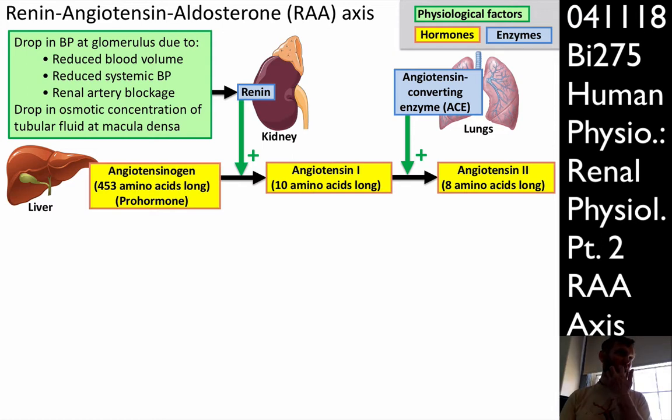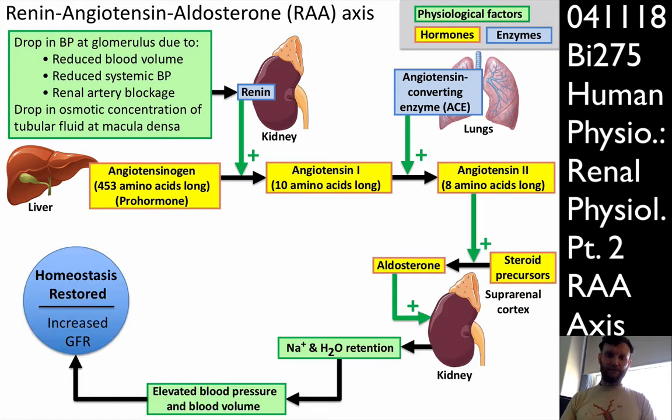We've got angiotensin 2 finally. So let's take a first look at the rest of the RAA axis. All right, we have renin, we have angiotensin. How do we get aldosterone?